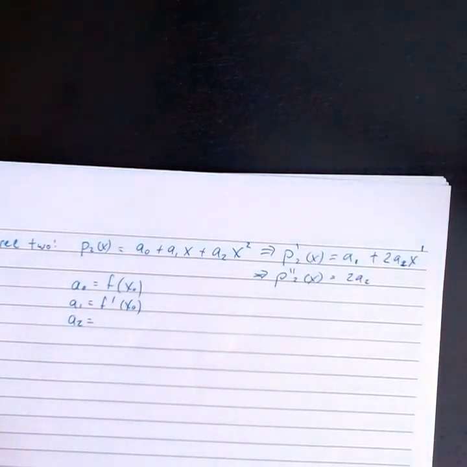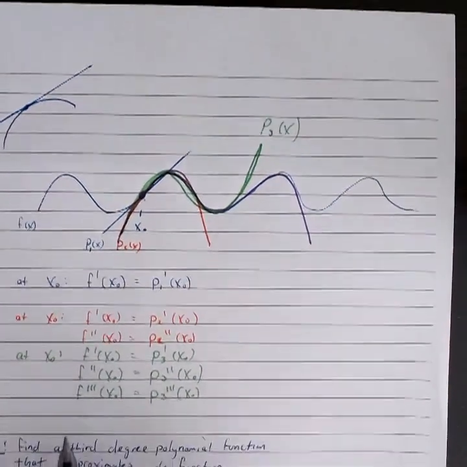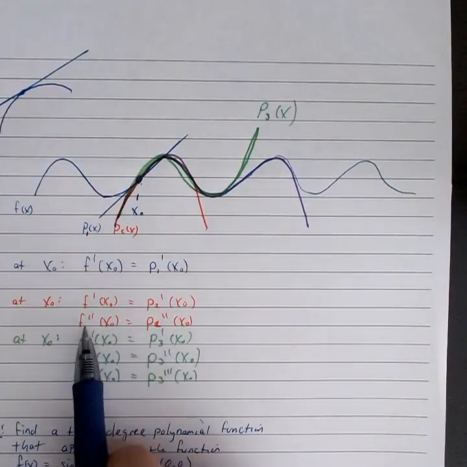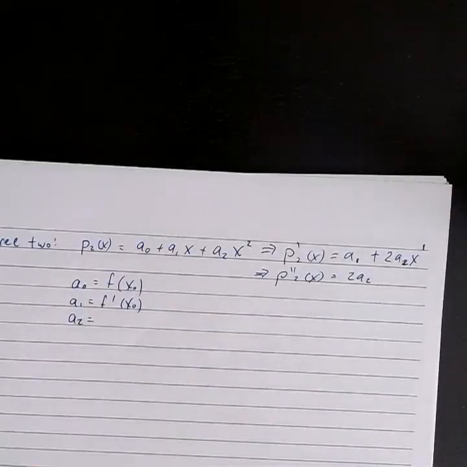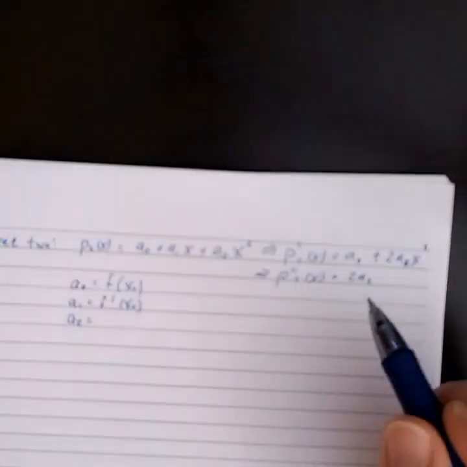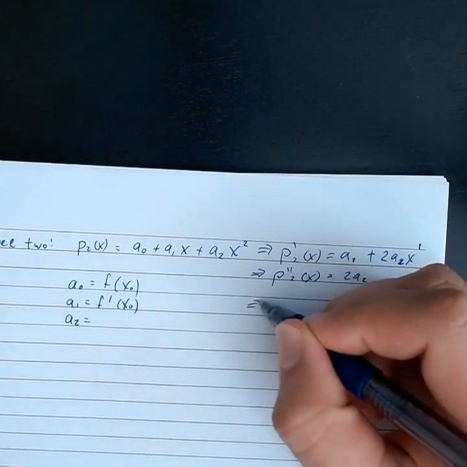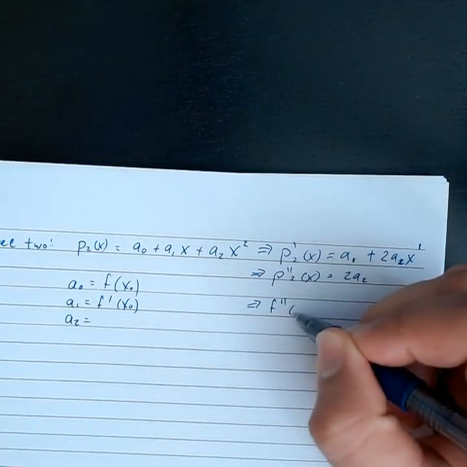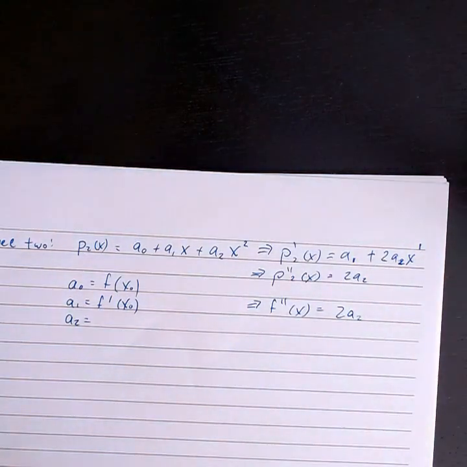Oh, but again, we need p double prime to equal f double prime. And it doesn't matter what degree of polynomial function we have. P double prime needs to equal f double prime. So that's the same as saying f double prime of x is equal to 2a sub 2.